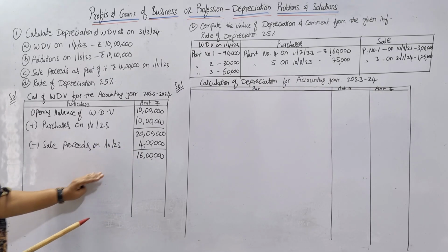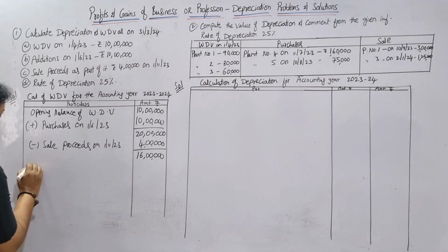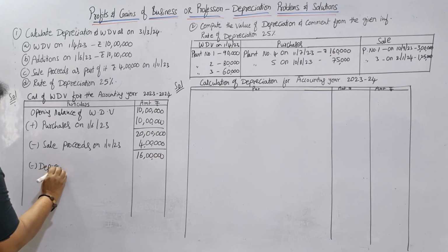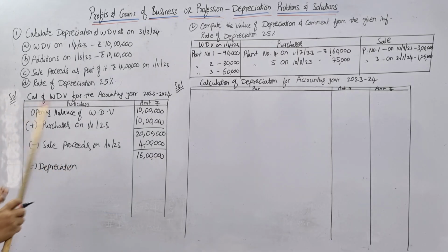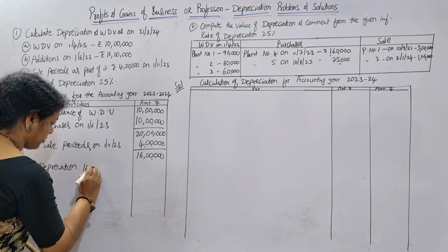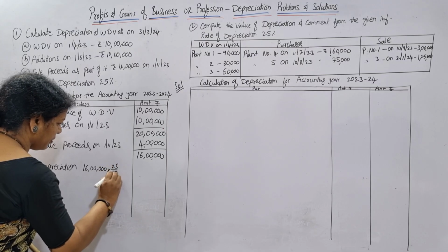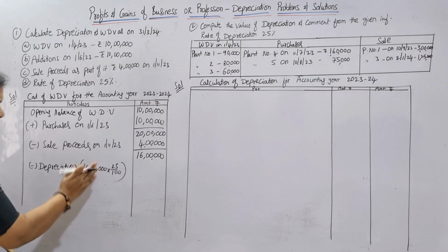On this we are going to calculate the depreciation. Now minus depreciation. Depreciation is here 25%. 16 lakh into 25%. 25% means it comes to 1/4 only. 1/4 means 4 lakh.